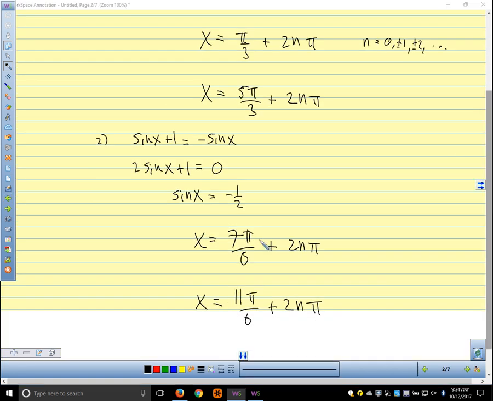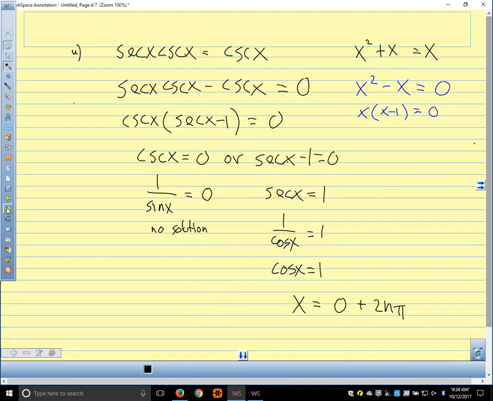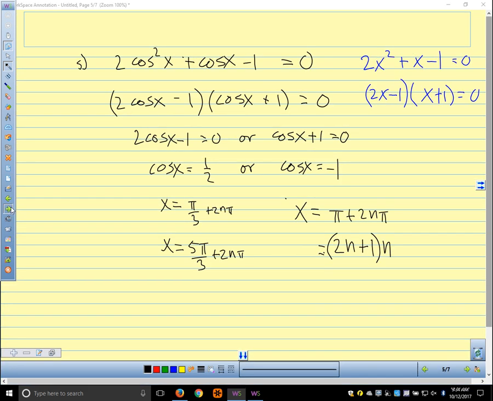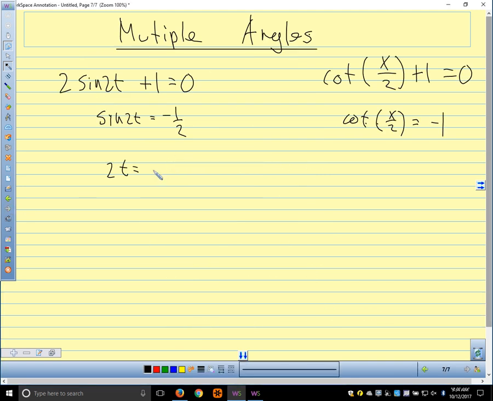There we go. Sine x, 7 pi over 6 or 11 pi over 6. So I'm going to say 2t equals 7 pi over 6 plus 2n pi, or 2t equals 11 pi over 6 plus 2n pi.